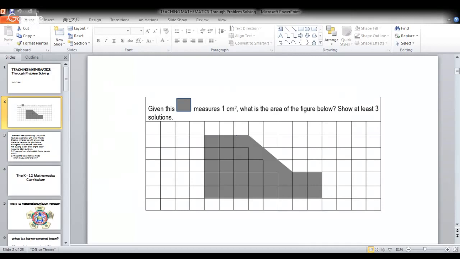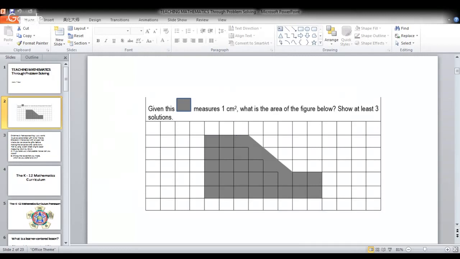Okay, great, Mark. We'll see if Mark already practiced teaching math through problem solving. Okay, so please try to solve the one that I posted. Please tell me what's the area of this figure.